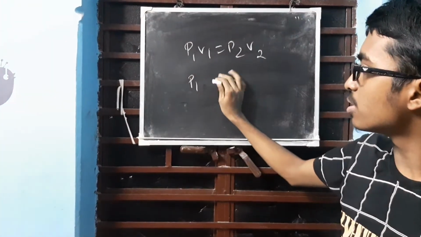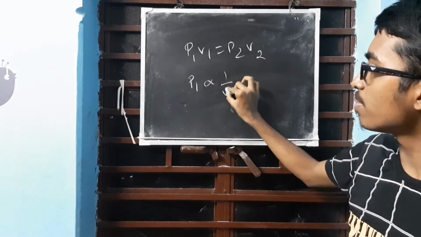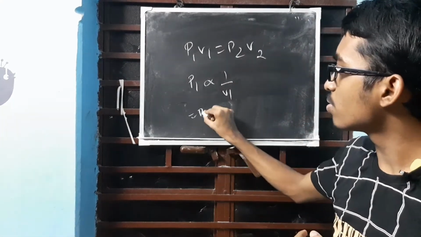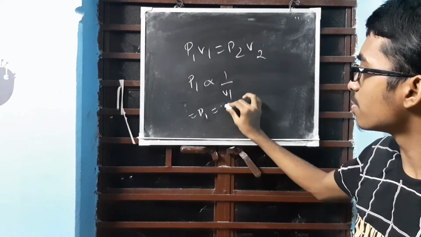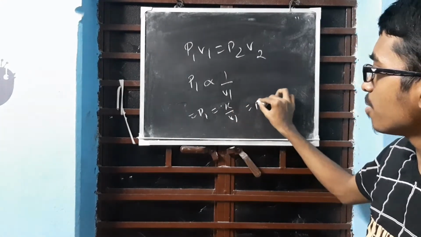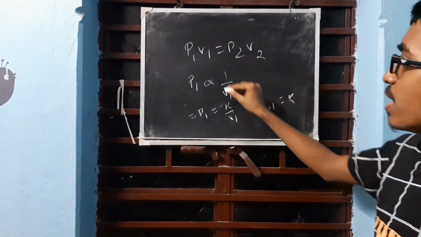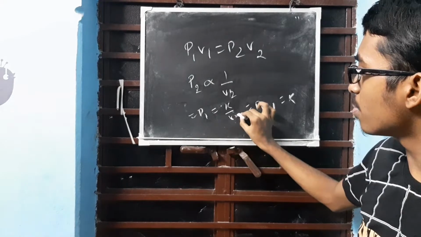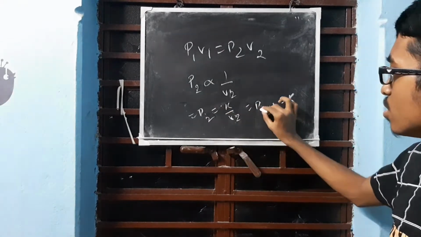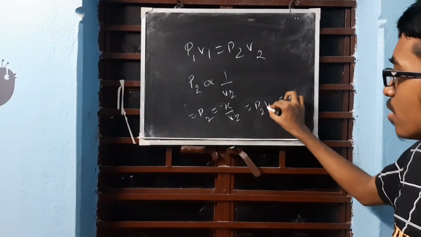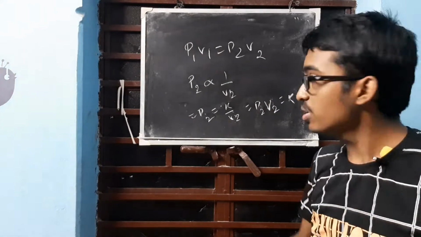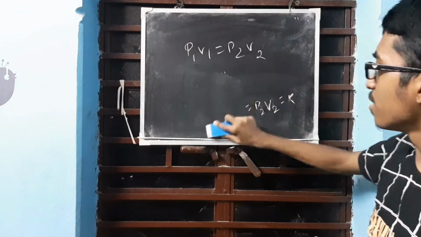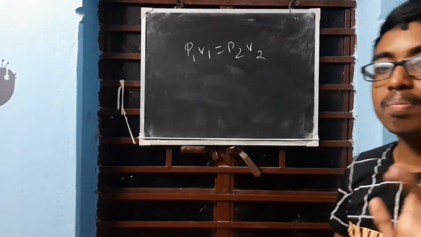We knew that P is proportional to 1 by V. When we put an equal to sign, we bring in a constant K. So we can write P1 V1 equal to K. Instead of 1 we can now put 2 also, so P2 V2 is also equal to K. Both are equal to K, that means P1 V1 is equal to P2 V2. This is how we got it. So this was Boyle's law.